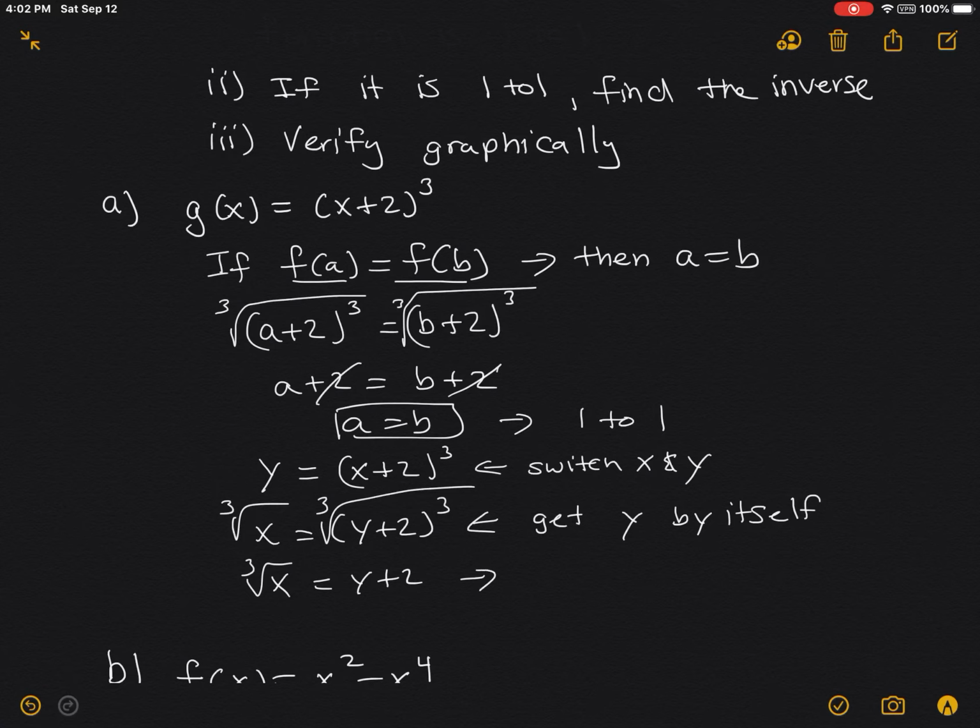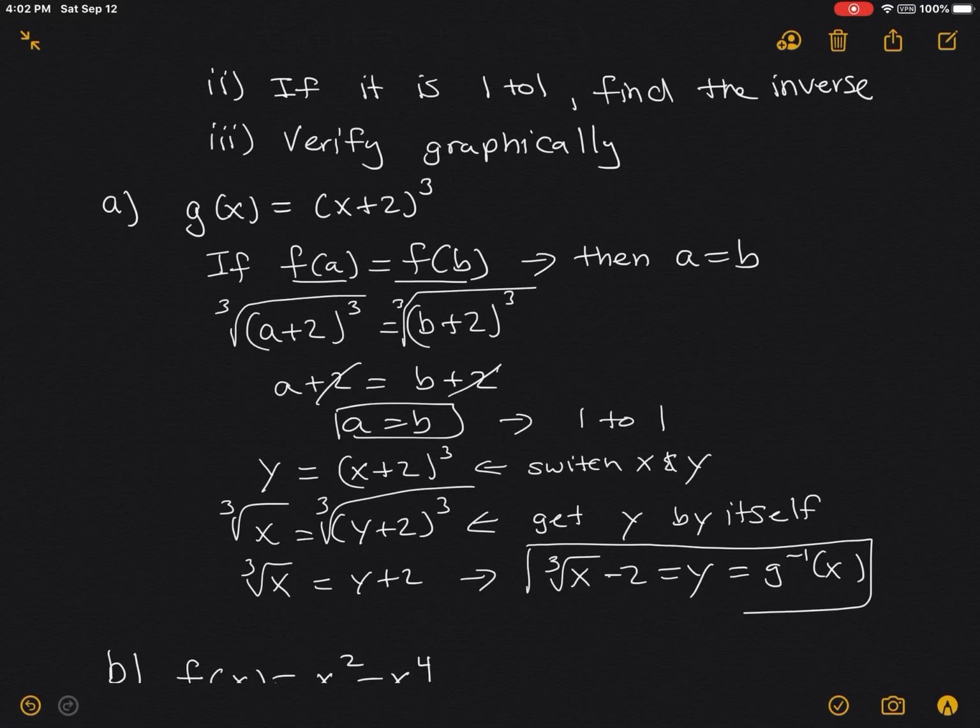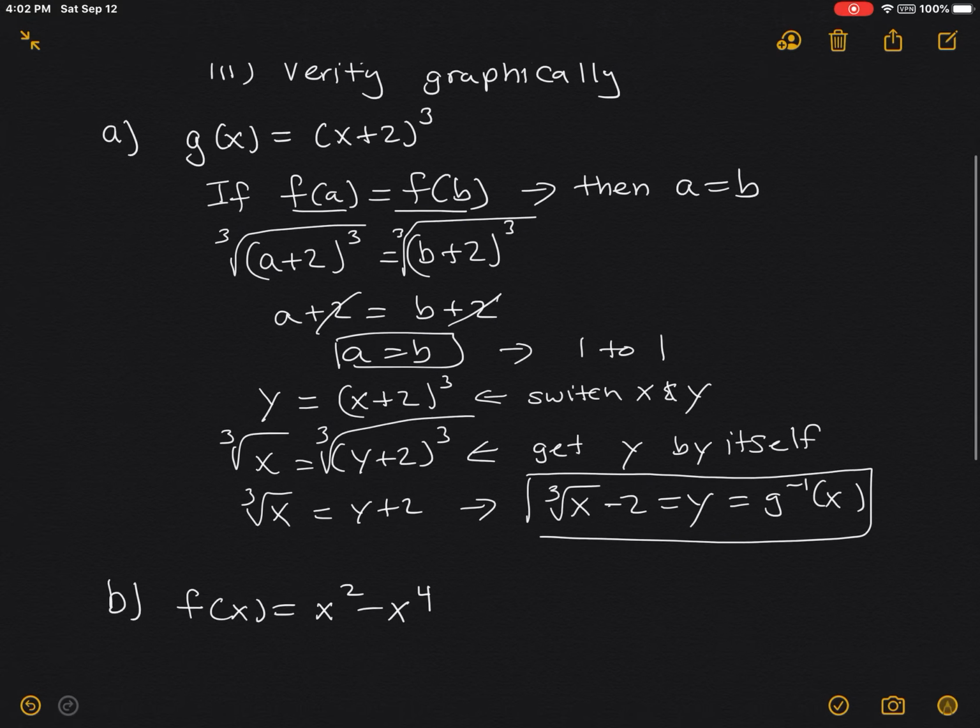You're going to get the cube root of x is equal to y plus 2. And then the cube root of x minus 2 is equal to y. Call this your g inverse of x. There is your inverse.